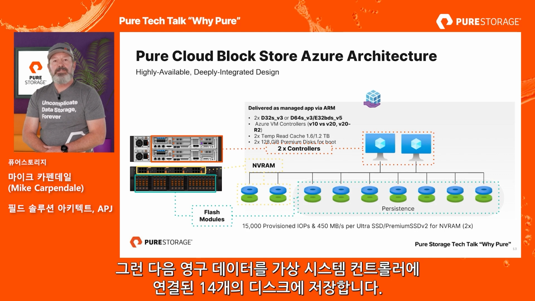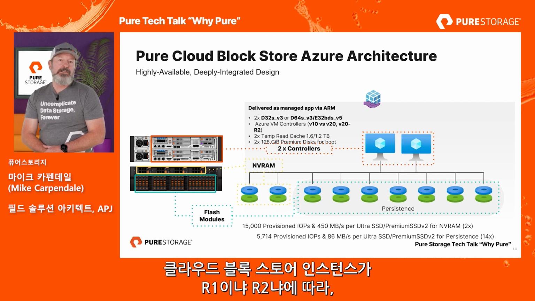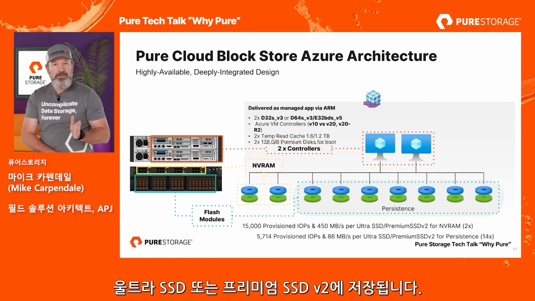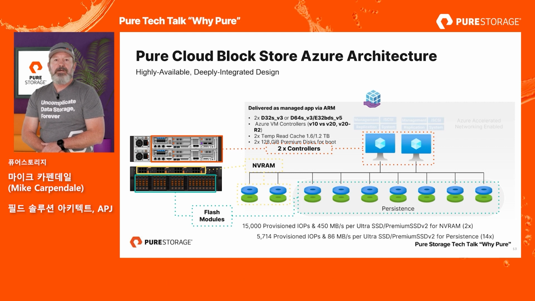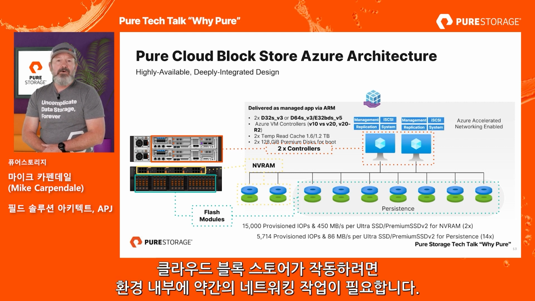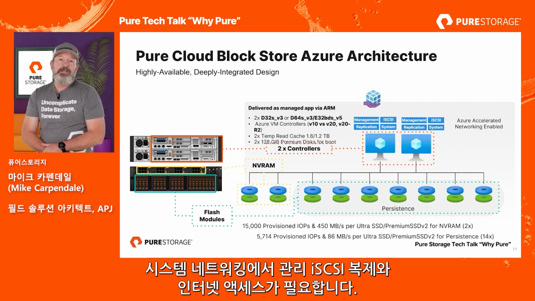We then store the persistent data onto 14 disks attached to the virtual machine controllers. These are either Ultra SSD or Premium SSD V2, depending on if it is an R1 or an R2 Cloud Block Store instance.